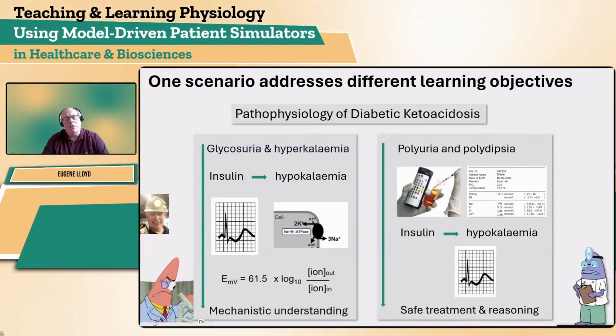Also, the simulation shows that one of the effects of insulin treatment is that it can actually cause hypokalemia. So when the students are suggesting what treatments are required, as Kat will show a little bit later, they appreciate that potassium supplementation can become quite important in these patients. Otherwise, it can have quite dramatic effects.